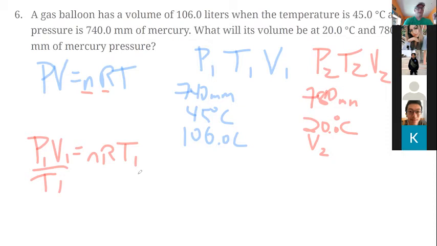So I can get rid of the T1 on this side. So P1 times V1 divided by T1 is equal to a constant. That tells me that P2 times V2 divided by T2 is equal to a constant as well. And therefore, these two things are equal to each other.